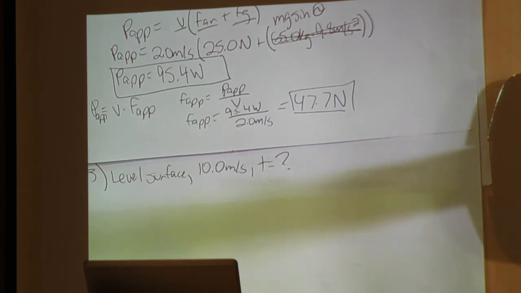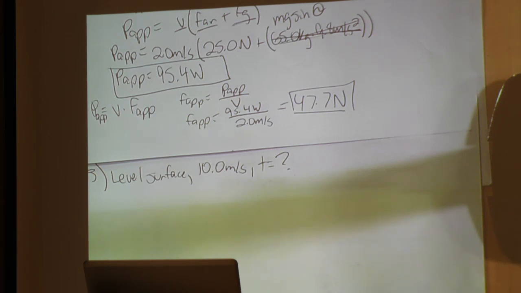What number would you guys prefer using, the applied power or the applied force, if you're trying to eventually get down to time? Can you still use the power applied that we found, even though we were finding that when it was on an incline of 2 degrees, or do we have to solve it without the 2 degrees? Okay, that's a great point. When we were coming up the incline, you had a force that you were applying the entire way, and so you're carrying that power as well.